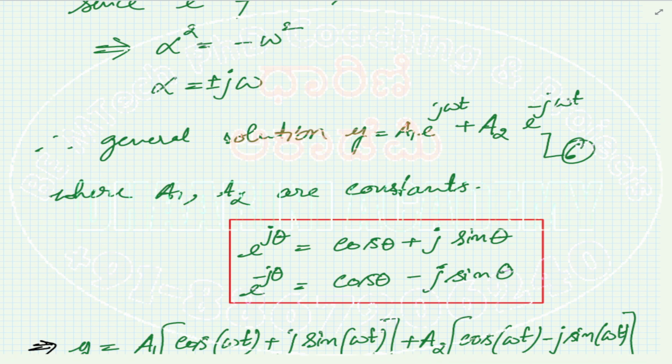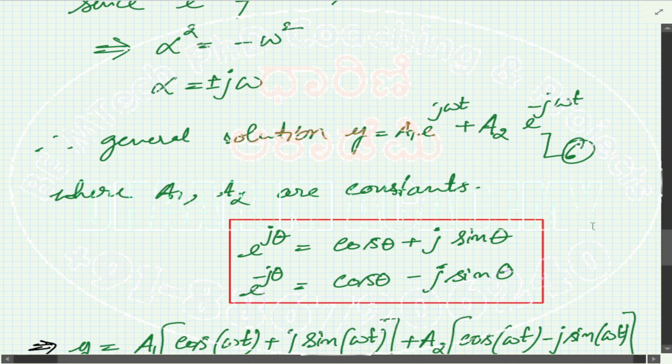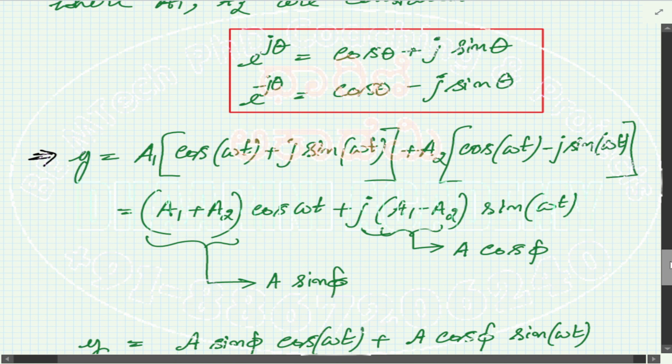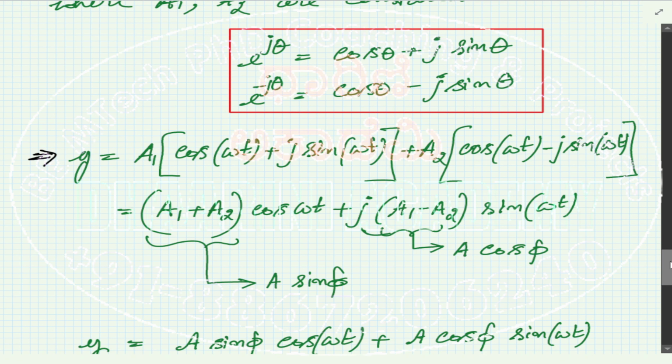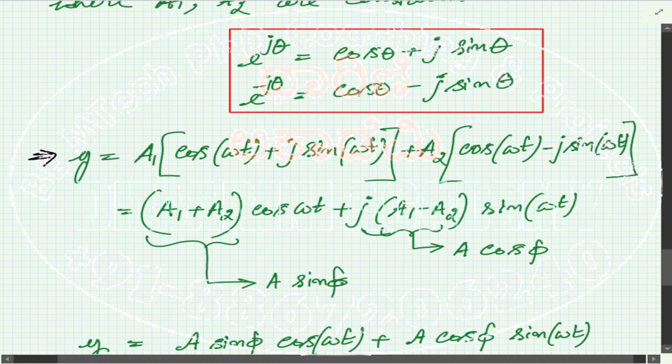Okay, now after this substitution, we can get the value of y as a1 into e to the j theta, which becomes cos omega t plus j sine omega t, plus a2 into cos omega t minus j sine omega t.